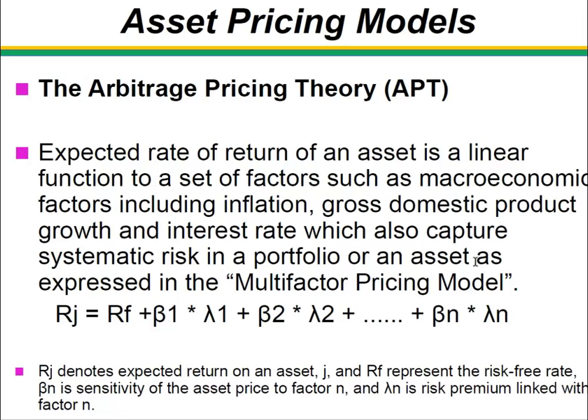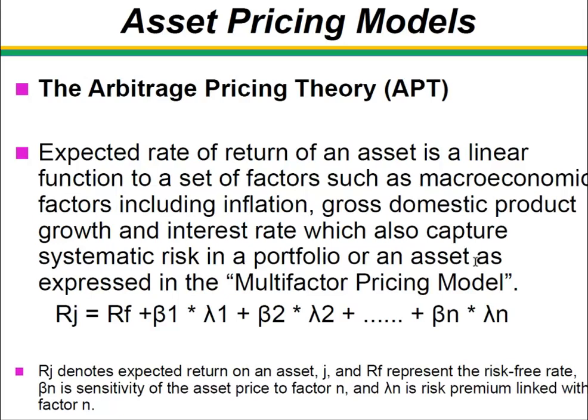So you can see the formula here, R sub j, which is the expected return on asset j, is again equal to the risk-free rate R_f plus beta_n, which represents the sensitivity of the asset price to factor n, and lambda_n, which represents the risk premium linked with factor n.